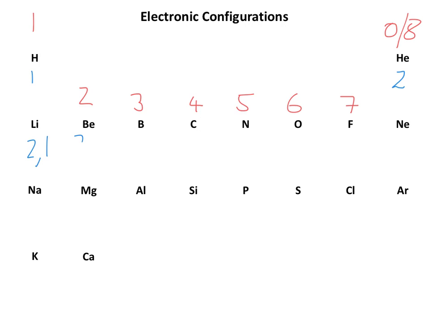Beryllium has 1 more electron, boron 1 more electron, carbon 1 more electron, nitrogen 1 more electron, oxygen, fluorine, neon. And at which stage you'll hopefully realise that this shell is now full, so we have to start a new shell for sodium.